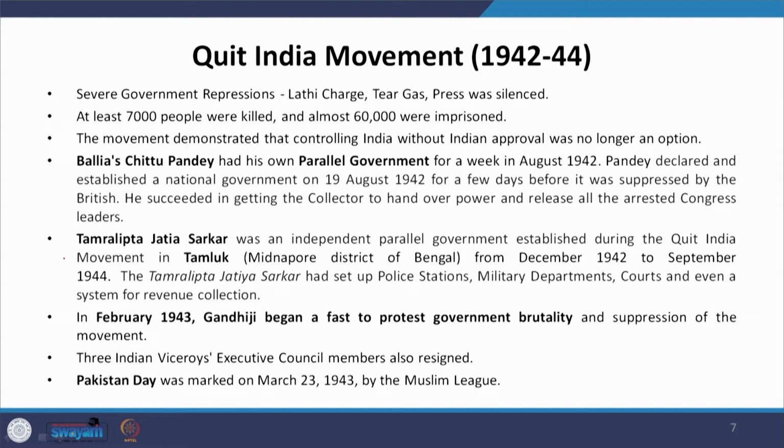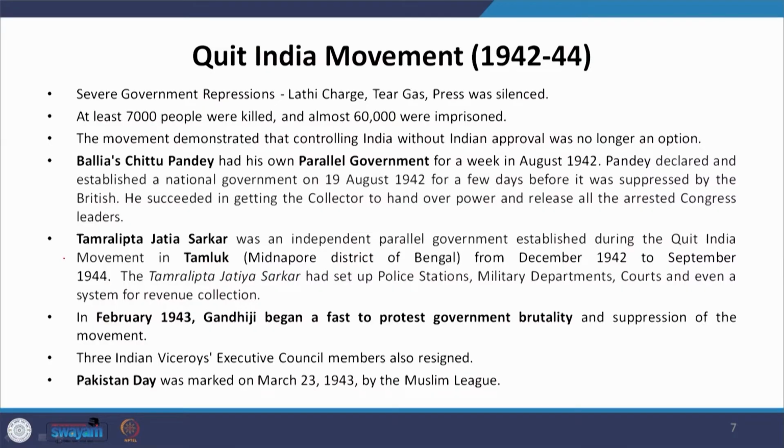The Tamralipta Jatiya Sarkar had set up police stations, military departments, courts, and even a system for revenue collection. There are spontaneous expressions that find their voice under the banner of the Quit India movement. So, the desire for autonomy through parallel governments is seen in at least two prominent cases.